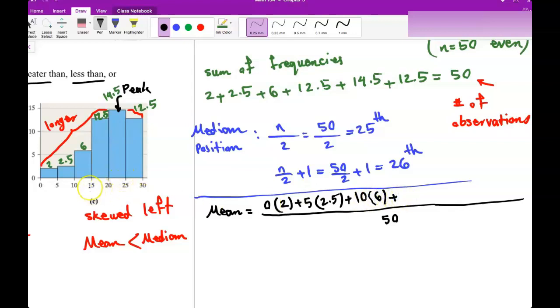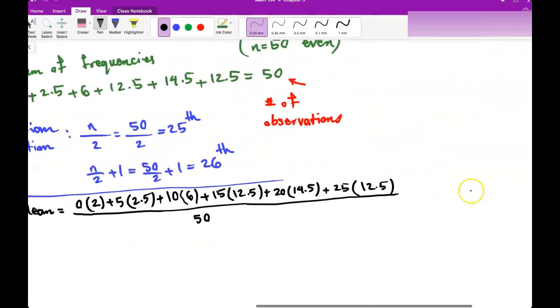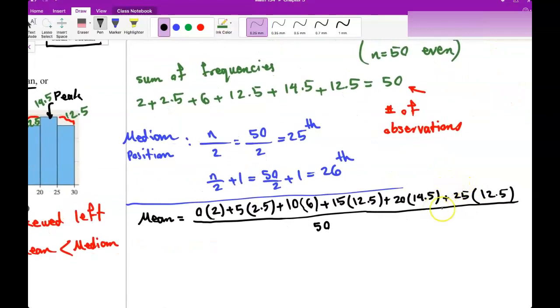Plus, after that 15 multiplied by 12.5. Then 20 multiplied by 14.5. 25 multiplied by 12.5. And that's it. So we used all these frequencies.